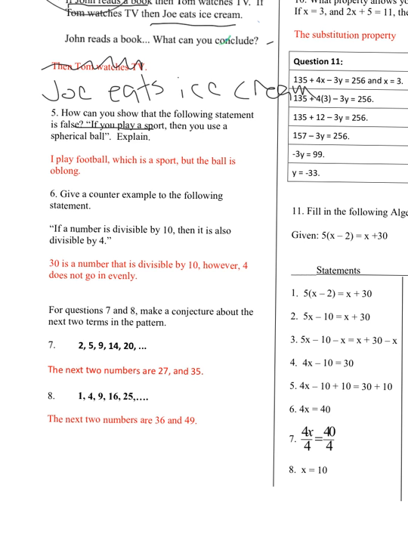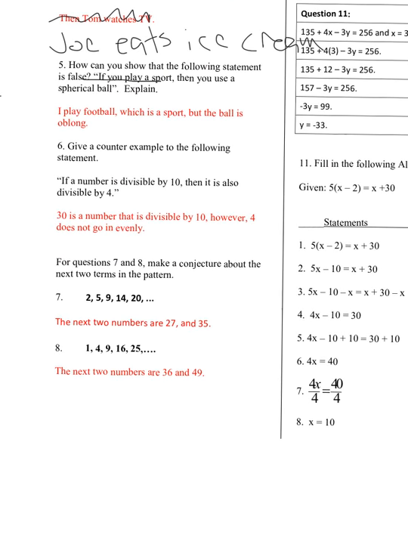I play hockey, which uses a puck and not a ball. I swim, which doesn't require a spherical ball. I participate in track, which doesn't require one, other than shot put, but you don't have to be technical. I run track, right? The running part doesn't require that. So any example, just be specific and make sure you state that you're playing a sport.